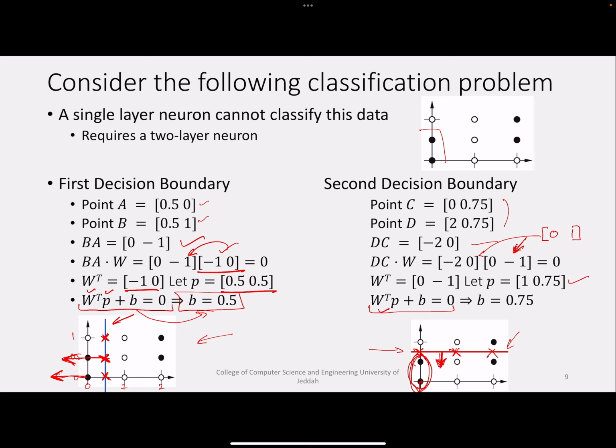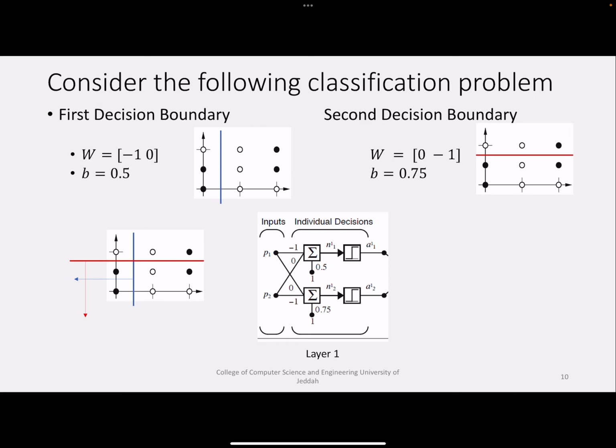We've got W, we've got P, find the bias, in this case 0.75, and we've got both our decision boundaries. And anything that is on the positive side of the red decision boundary and on the positive side of this blue decision boundary can then be classified as belonging to class 1, the black class, if you want.